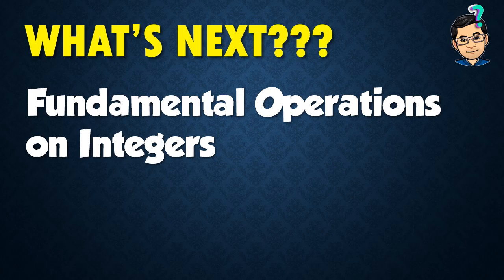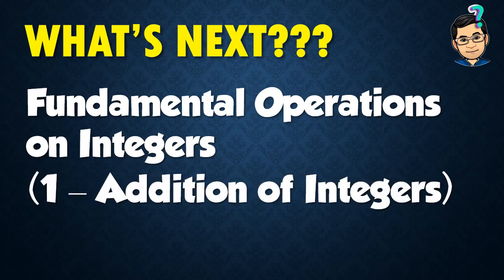Of course, per operation, magkakaroon tayo ng isang video. So, for our first video, syempre, ang una muna is addition of integers. So, ipapakita ko sa inyo yung iba't ibang paraan ng pag-add ng integers para mas maintindihan nyo by illustration, by figure, by number line, o kung ano man.